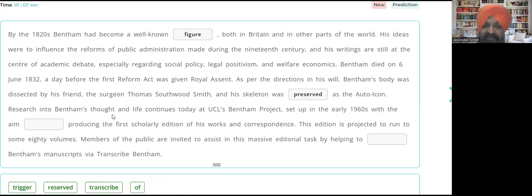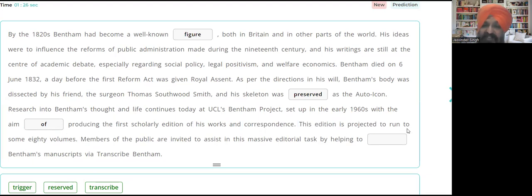Research into Bentham's thought and life continues today at UCL, Bentham project set up in the early 1960s with the aim dash producing. Aim of comes with that, or aim of producing. So aim of is fitting here.